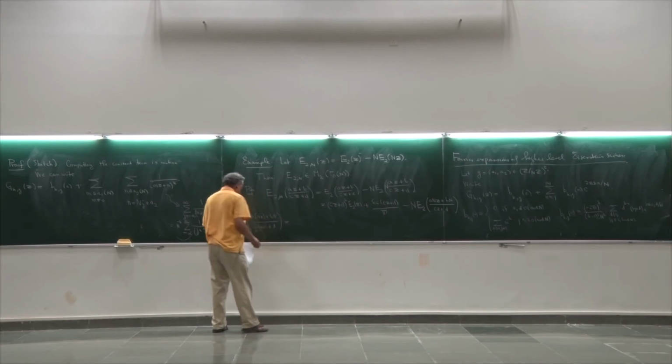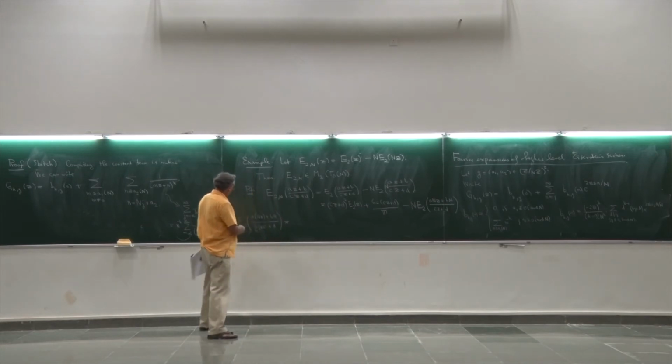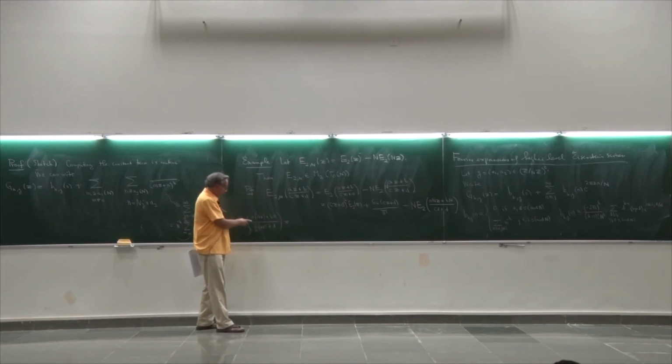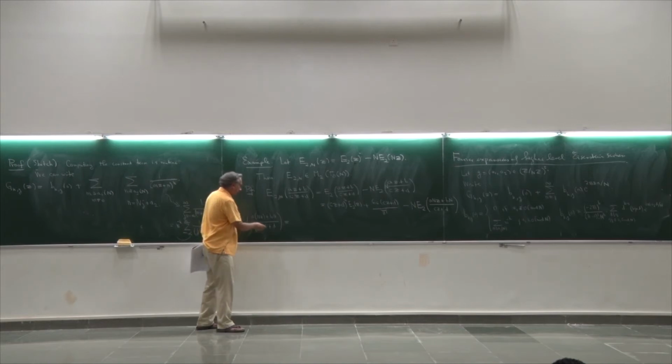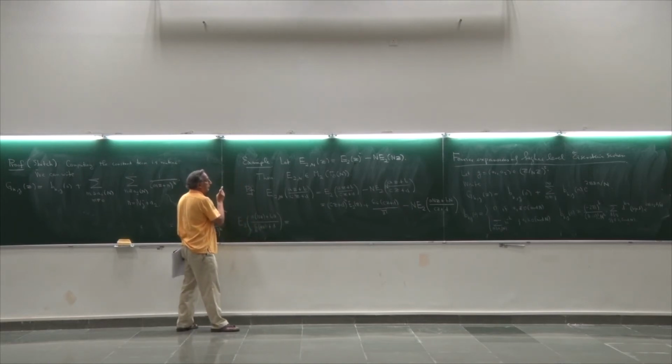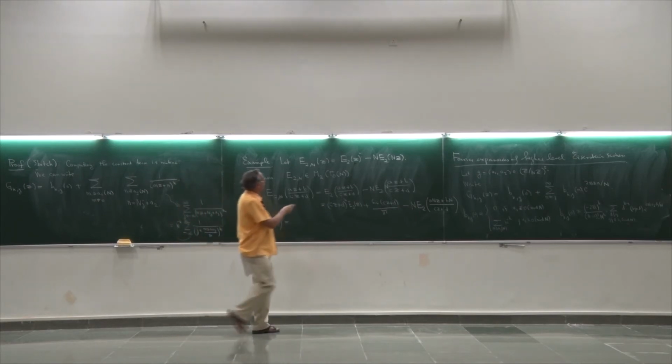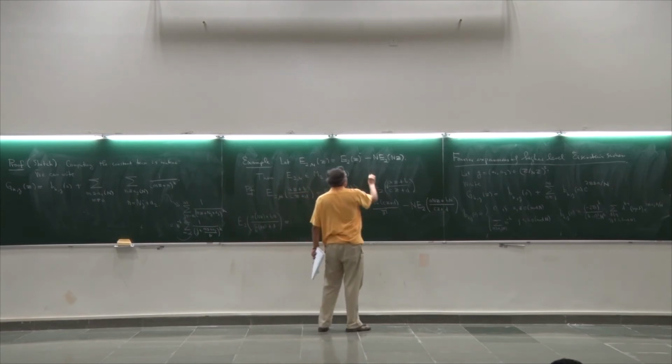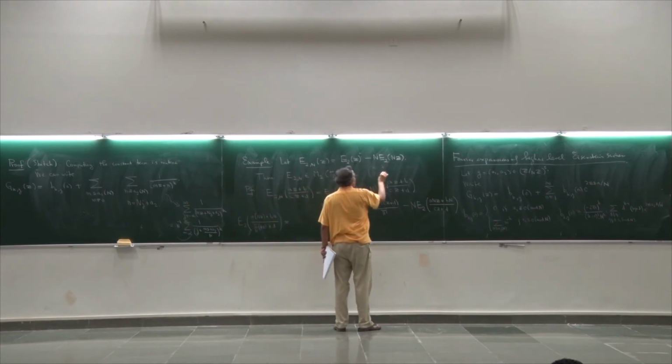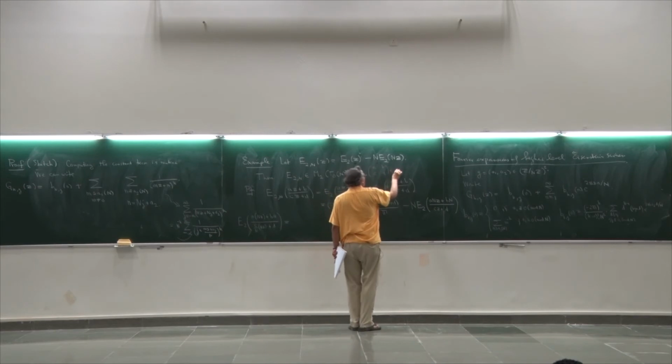So this is the modular transformation applied to nz, with the matrix a, bn, c over n, d. The point is that the matrix I have, a, b, c, d, is in gamma naught of N.